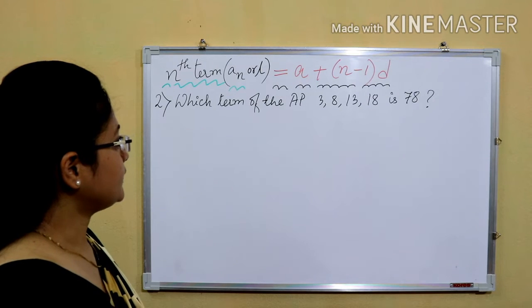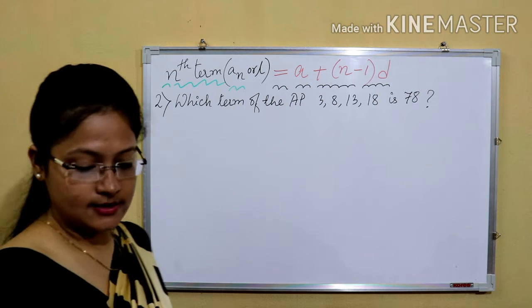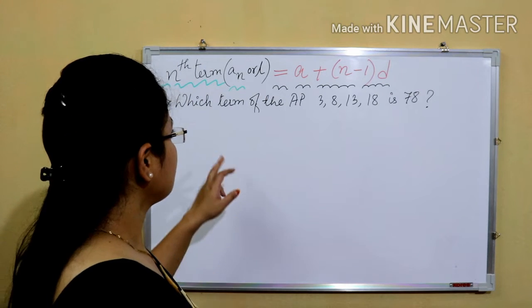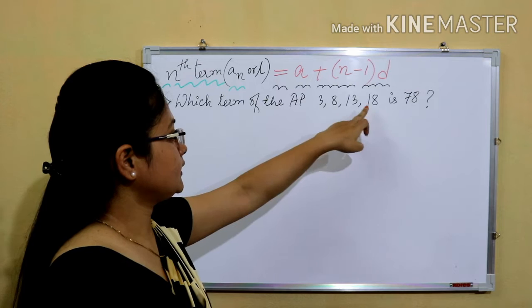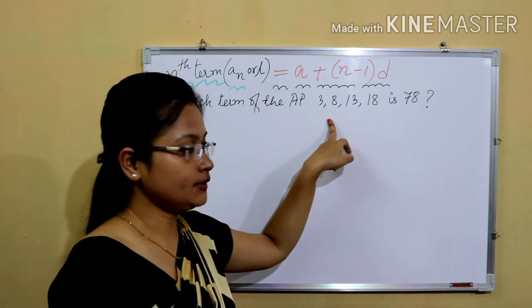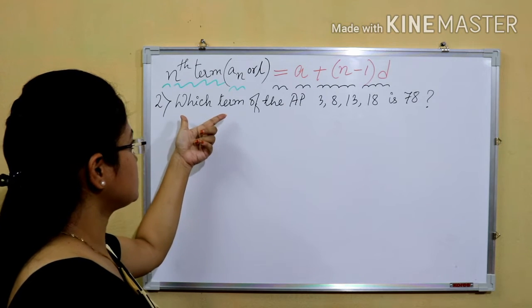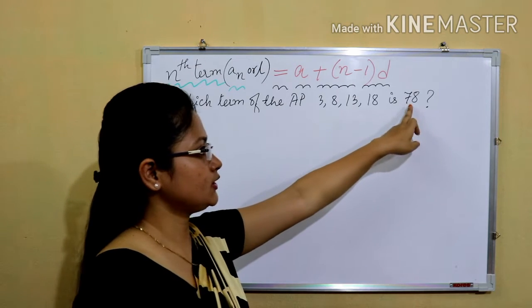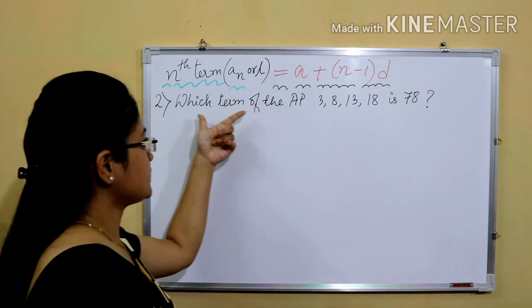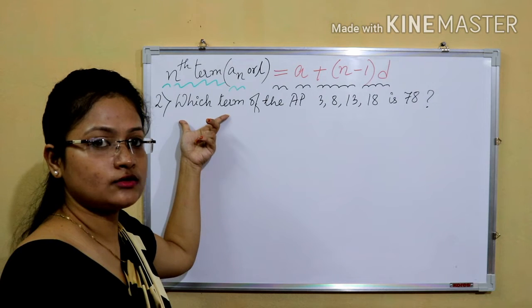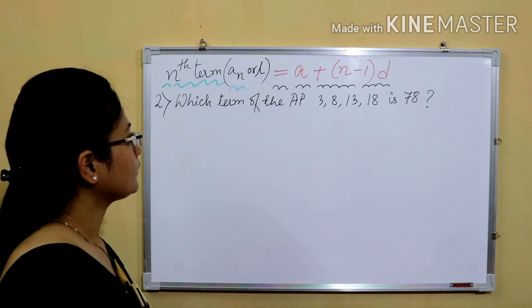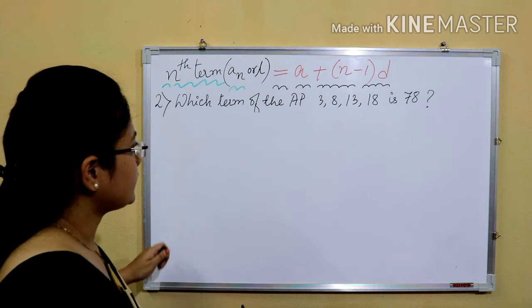Second example we have taken here. Which term of the AP 3, 8, 13, 18 is 78? So 3, 8, 13, 18 is your AP, and we are asked to find out in which term the 78 will be there. In this case, which term means to find out n. So let us write.